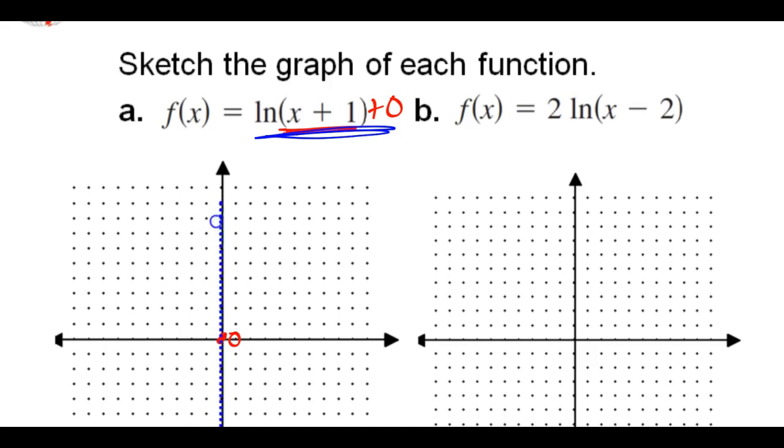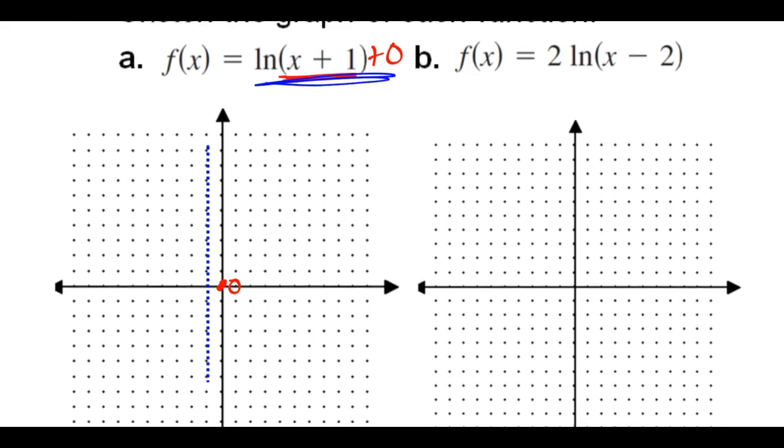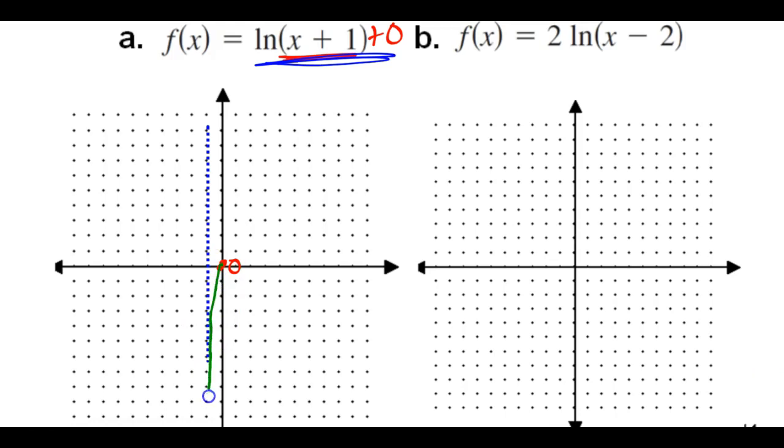That's what I was trying to do, but it didn't work very well. So instead of x equals 0, it gets shoved over 1 to the left as well, and then I can draw in the log function like this, right? I could find other points on this log function, but I'll save that for a later problem.